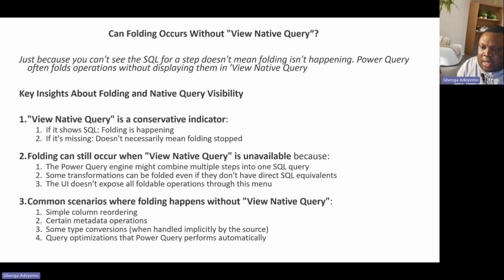Okay. Some common scenarios, some of which I've mentioned before. The additional ones are sometimes when you reorder your table, where certain metadata operations are going on, or some data type conversions, and when query folding happens automatically, right?